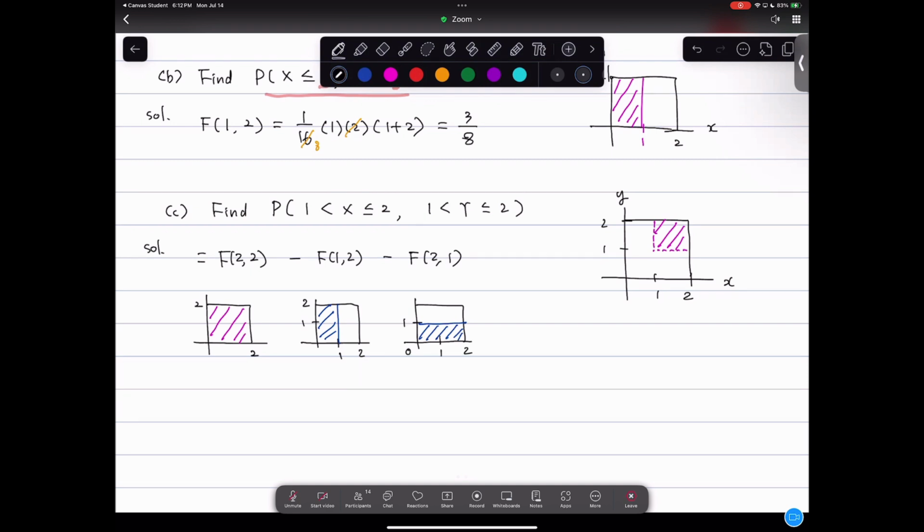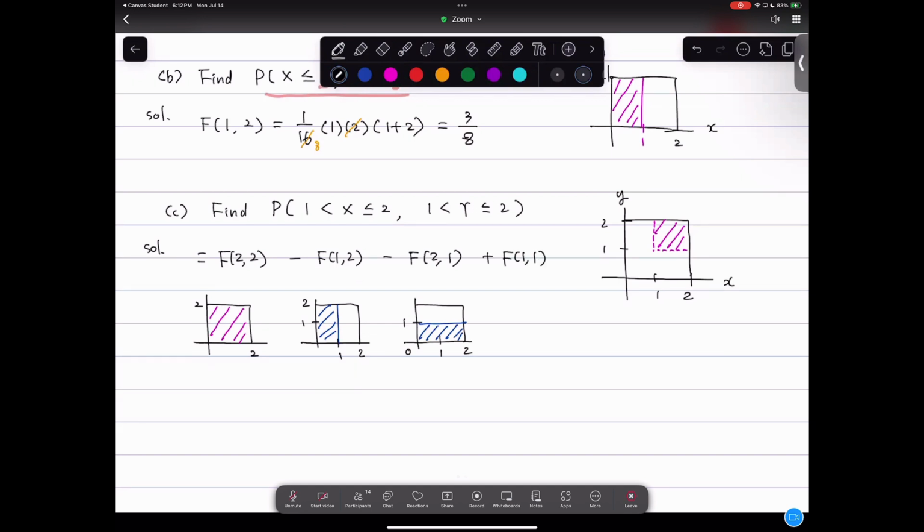If I do this, I'm subtracting the volume over half of this part, and then subtracting half of this part. But when I do it, I'm subtracting this little piece twice. So I'm going to be adding that little piece back, which is F of 1, 1.